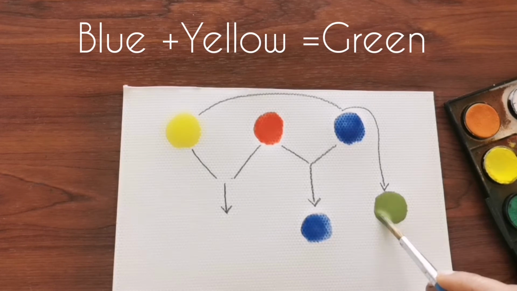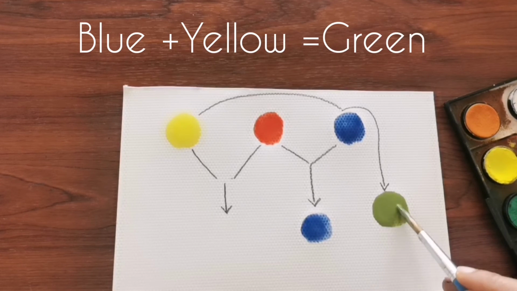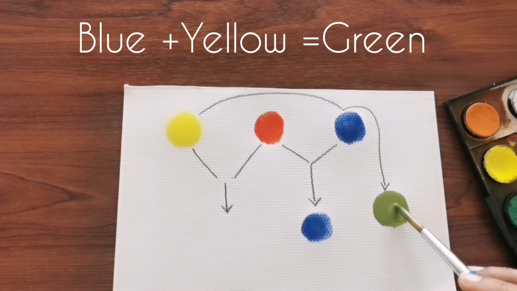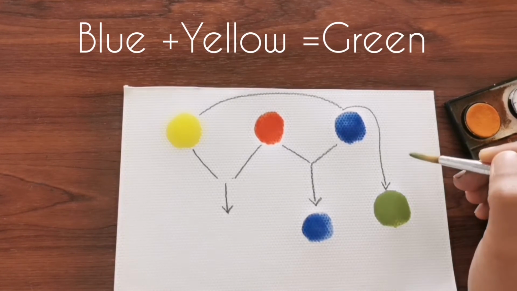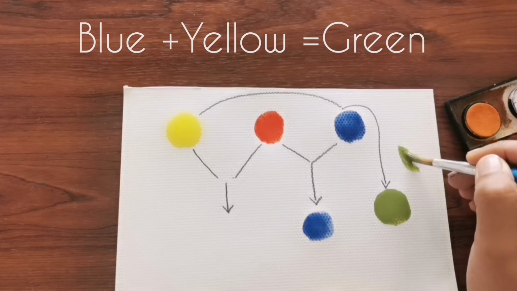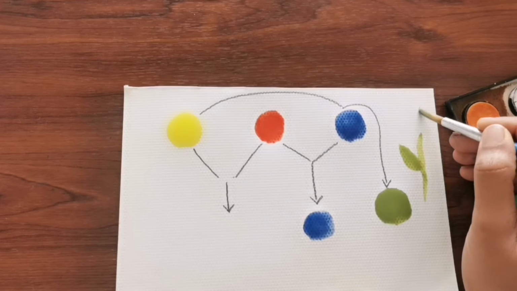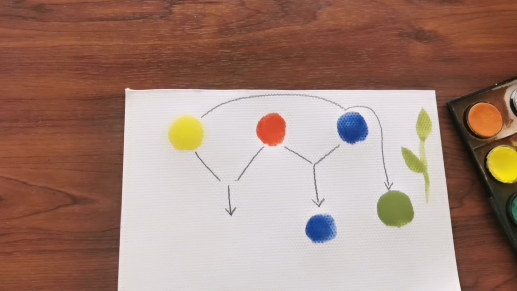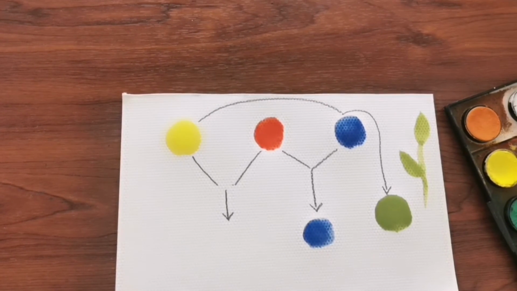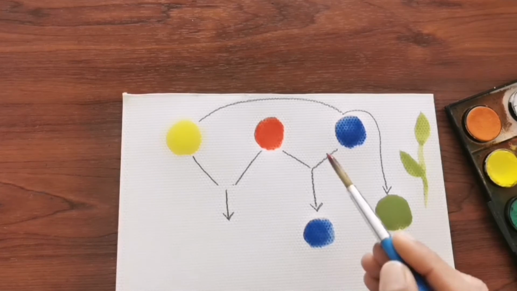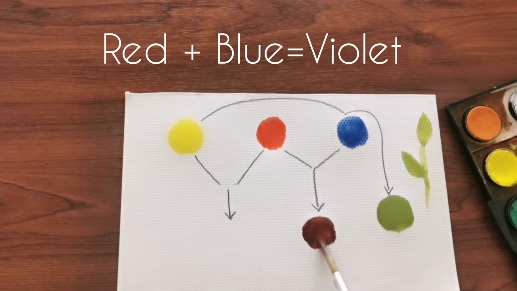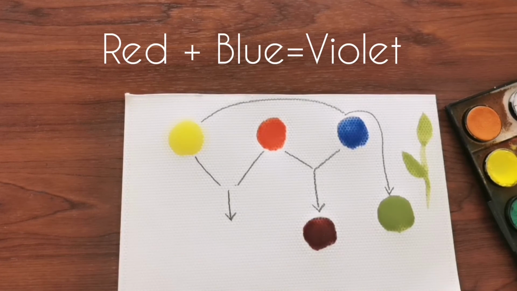Now this red and blue, you can see we are slowly getting a violet color.